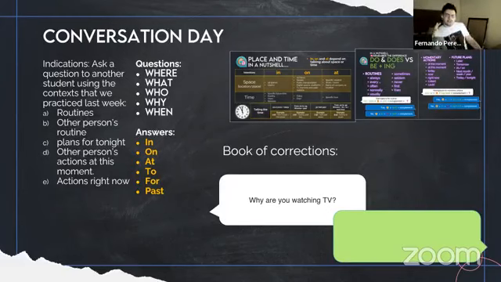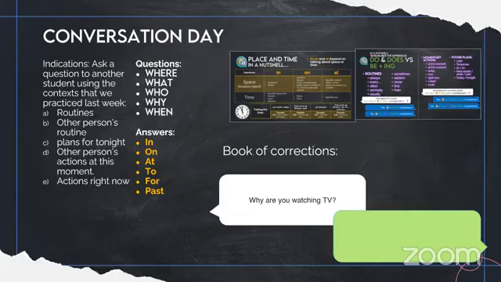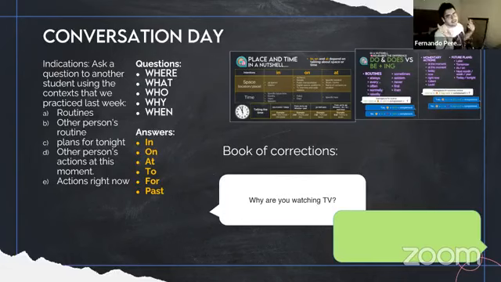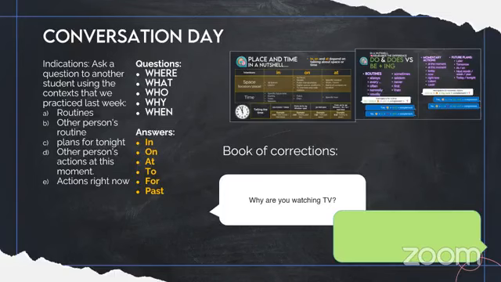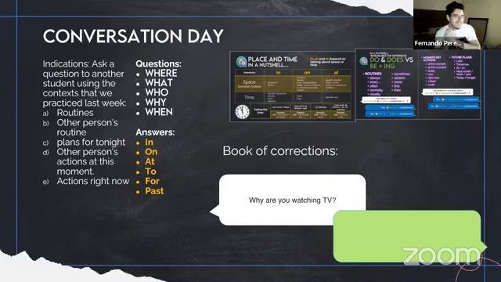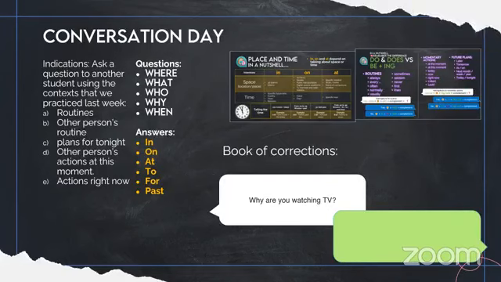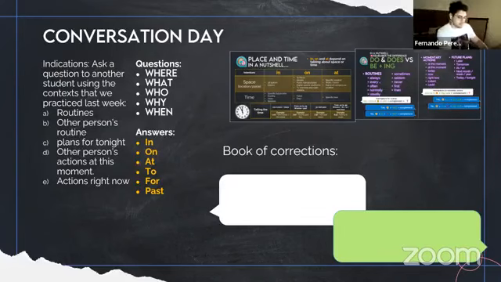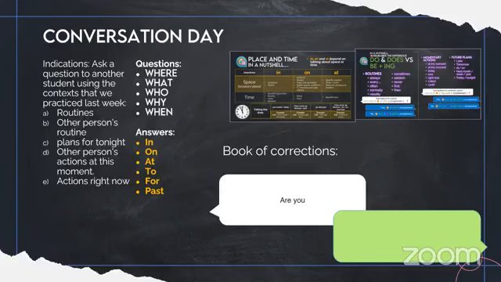Okay, but are you sure she's watching TV? No, I am not. Exactly. That's impossible, no? We don't know. So we don't have context for this question, different question. Maybe are you watching TV in this moment?